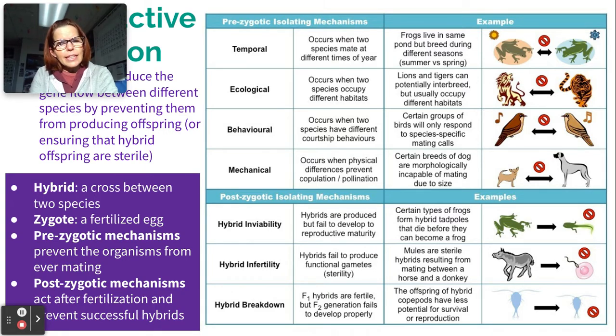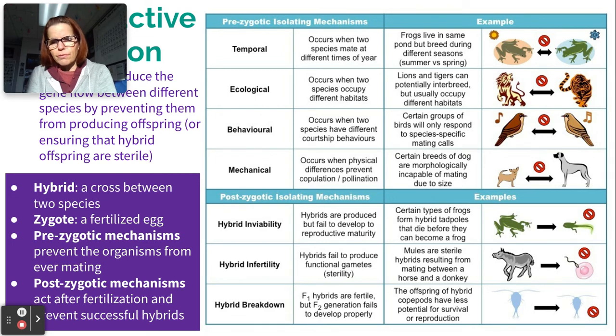Now post-zygotic isolating mechanisms, that's at the bottom. That refers to the hybrids not doing well. So inviability means that they don't develop to reproductive maturity, so they either die as a zygote, or they are born with mutations or whatever. They just don't survive well. Infertility means that they do survive, but they are not able to have offspring of their own.